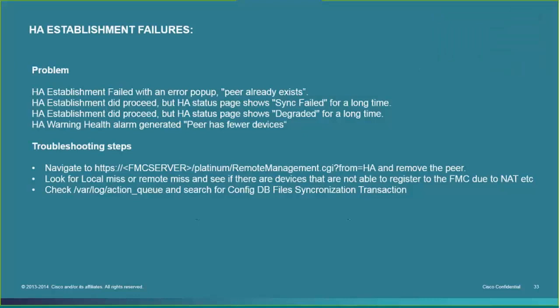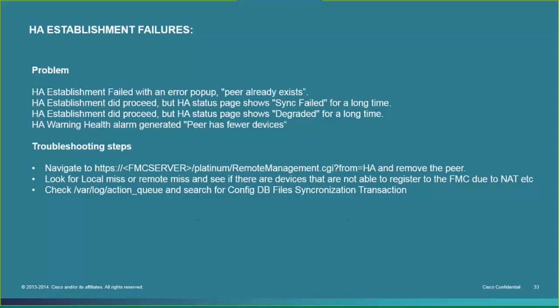On sync failed, there is the synchronization daemon, which is responsible for the communication and synchronization between the two FMCs. If there is any specific error in this process, we can look at the action queue as well as the syncd logs to understand why the synchronization might have failed.